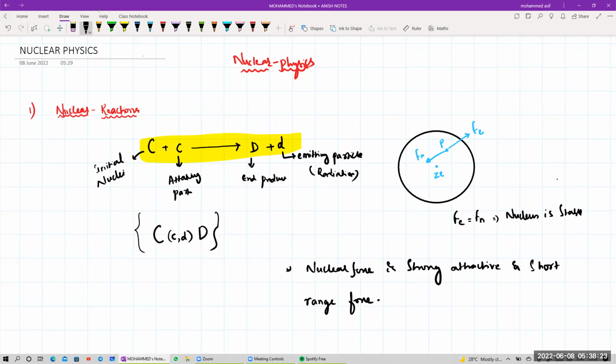Which is the longest range force, beta? Gravitation. Yes, gravitation can exist from the surface of the earth to the moon and the sun, whereas nuclear force may exist only up to some kilometers, maybe 10, 15 or 20 kilometers. So nuclear force is no doubt the strongest of all the forces, but it is very short in range. The weakest of all the forces is gravitation, but the longest range is also gravitation.